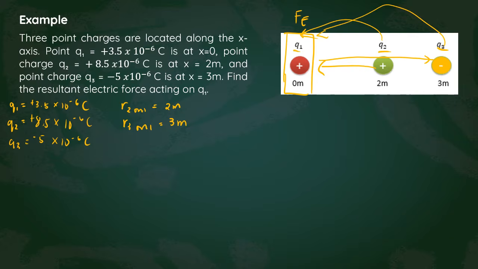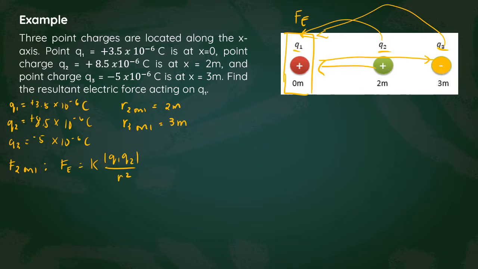So solving for the force of particle 2 on 1, we need Coulomb's law, which is Fe is equal to k times Q1 Q2 over r squared.